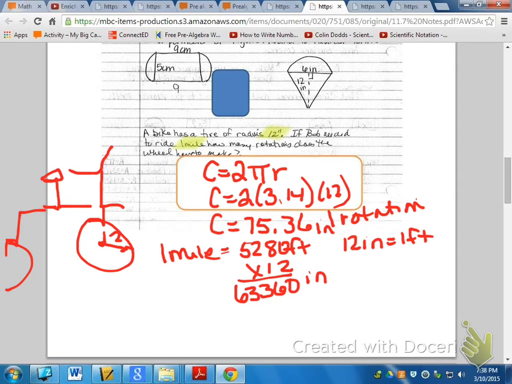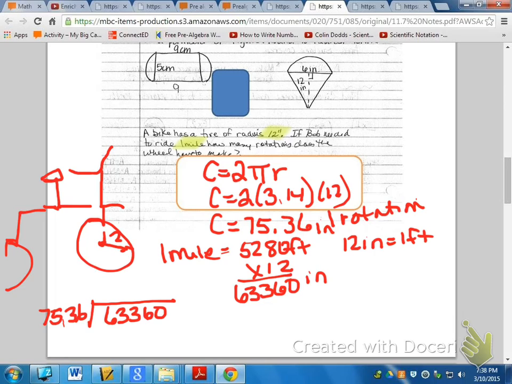That's a lot. Okay, how many rotations around? Here's what we've got to do. We're going to take 63,360 and divide it by 75.36. We'll see how many times that poor tire has to go around. 63,360 divided by 75.36.